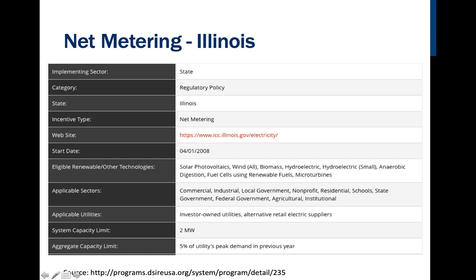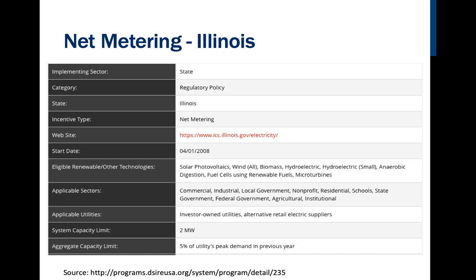Here we go, system capacity. I can build a PV system, or a wind system, or a microturbine system, or a biomass system, up to the rated output of 2 megawatts and fall into the net metering scheme.